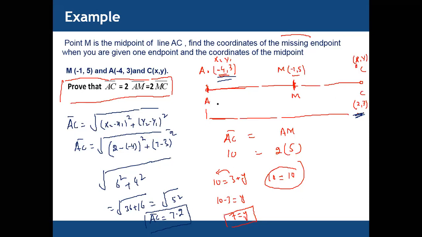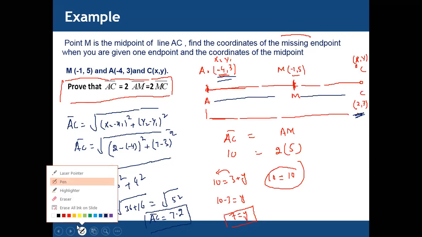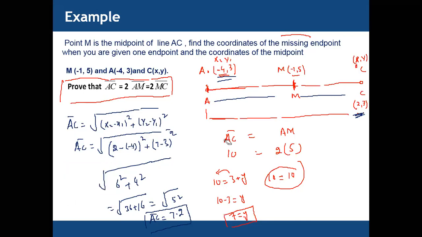Same, now we need to find the distance of AM or MC. Both are the same, so we will find just one.